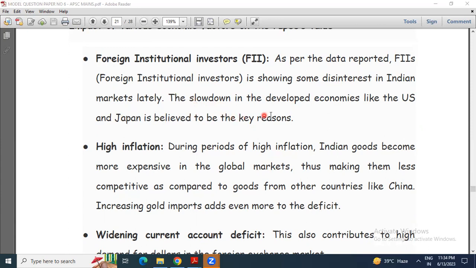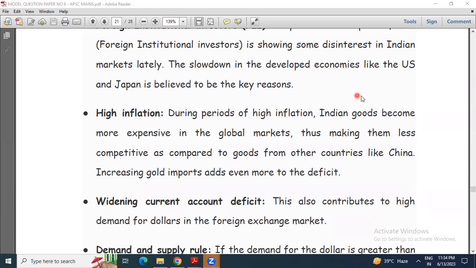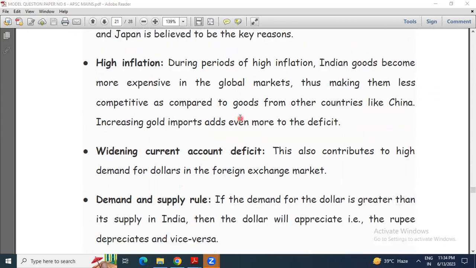And the slowdown in the developed economies like the US and Japan is believed to be the key reason for that. Means currently FII is showing some disinterest in Indian investment markets, the share market, you can say. So what will be the probable reason? The slowdown of the developed economies like the US and Japan.